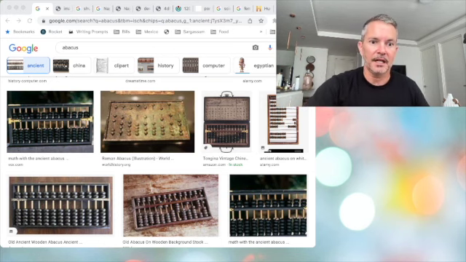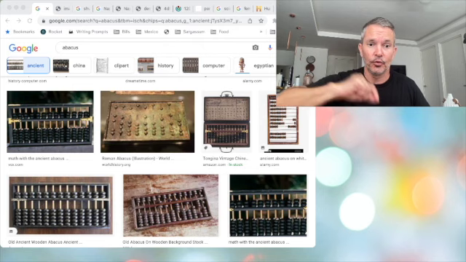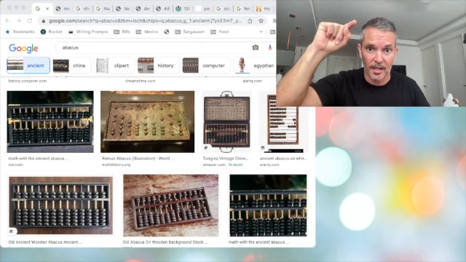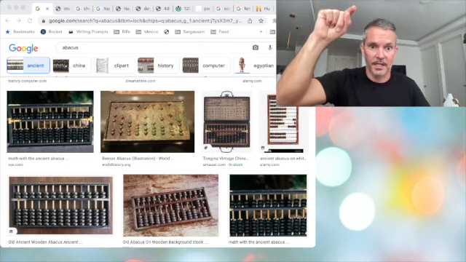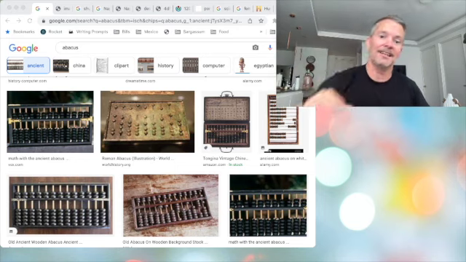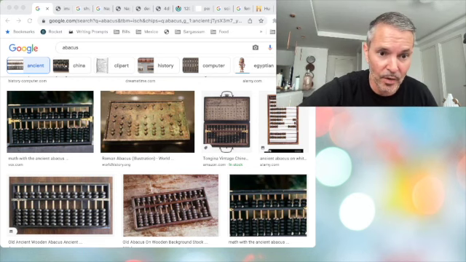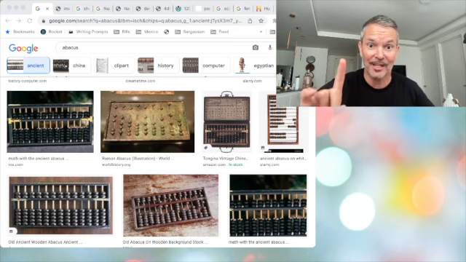These were organized in a system where each stick represented a power of 10, and you would count by sliding the beads 1, 2, 3, 4, 5, and then you would slide the top bead up to indicate you hit 5. The top beads represented 5s, and the bottom beads represented single numbers.